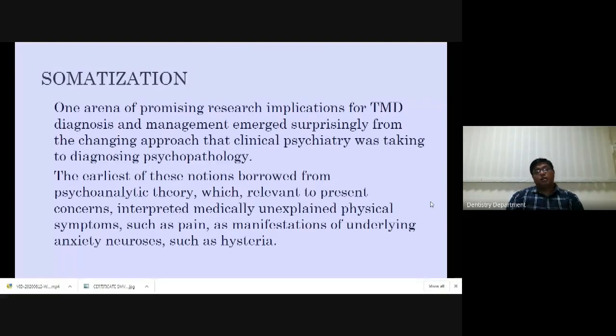Then comes the concept of somatization. What is somatization? It's very simple. You might have seen patients with it.